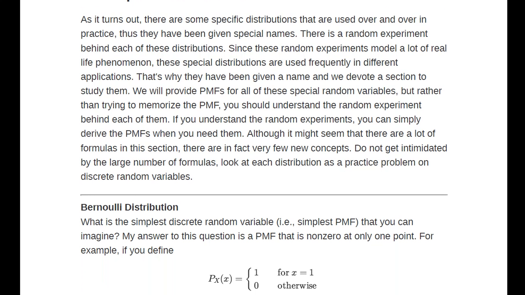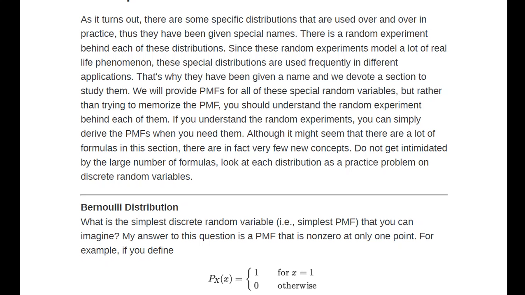We will provide PMF for all of these special random variables, but rather than trying to memorize the PMF, you should understand the random experiment behind each of them. If you understand the random experiments, you can simply derive the PMF when you need them.